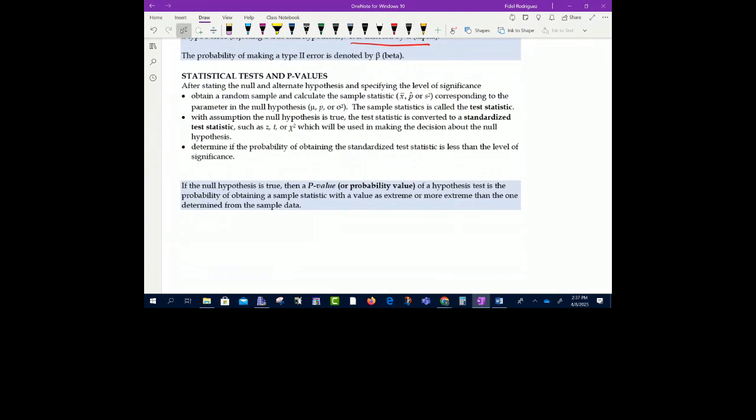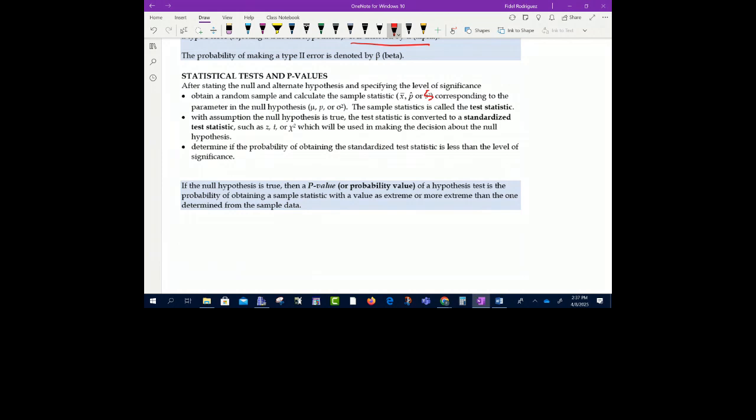Okay, so it says, after stating the null and alternate hypothesis and specifying the level of significance, we're going to obtain a random sample and compute some kind of sample statistic, either X bar or P hat. We don't really do the variance, so I'm going to skip that part, the S squared, corresponding to the parameter.